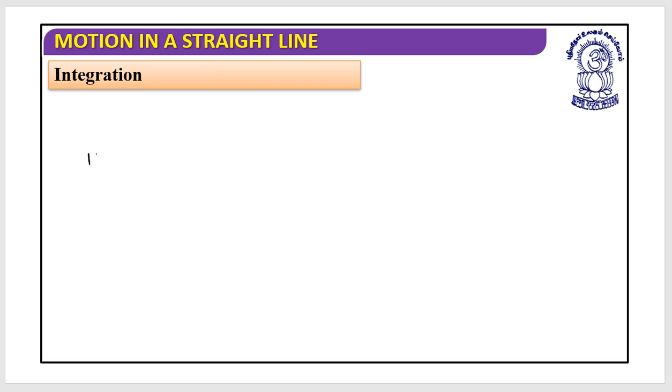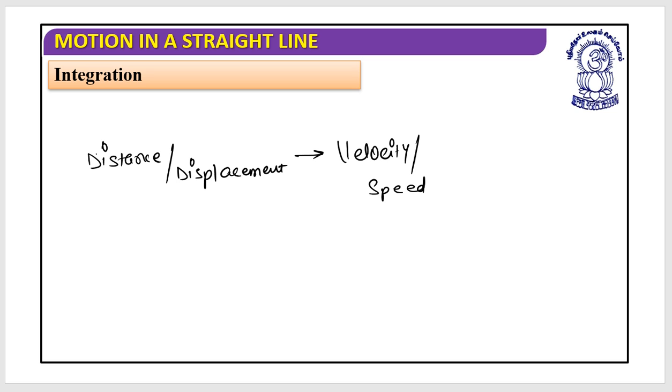Let's say you have a distance or displacement, and you require a velocity or speed. And you have a velocity or speed and you require an acceleration. So if you have a distance or displacement and you need to reach the velocity or speed, what will you do?